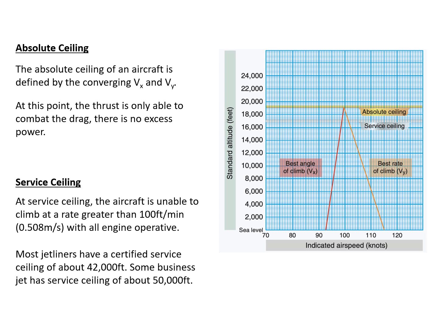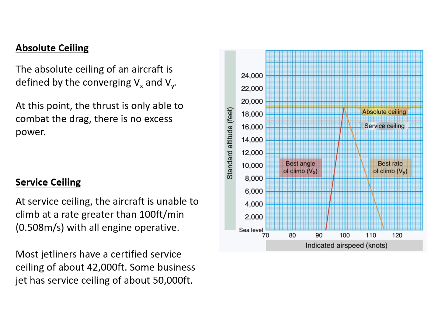Vx, which is the best angle of climb speed, will increase with increasing altitude. And in contrast, the best rate of climb speed, Vy, will decrease.